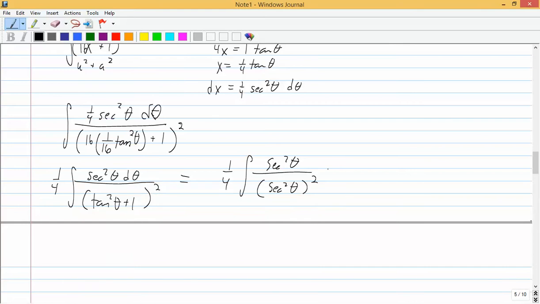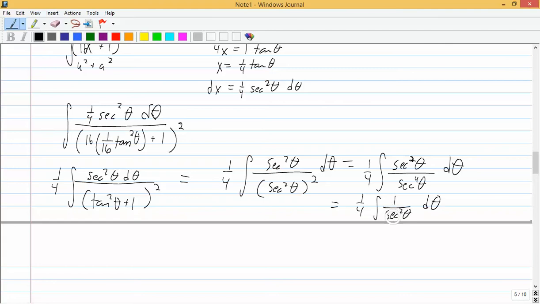So I'm going to have 1/4 times the integral of secant squared theta over secant to the 4th theta. Right? So that's going to be 1/4 integral of 1 over secant squared theta. We can't do that integral, can we? So what will we have to do?